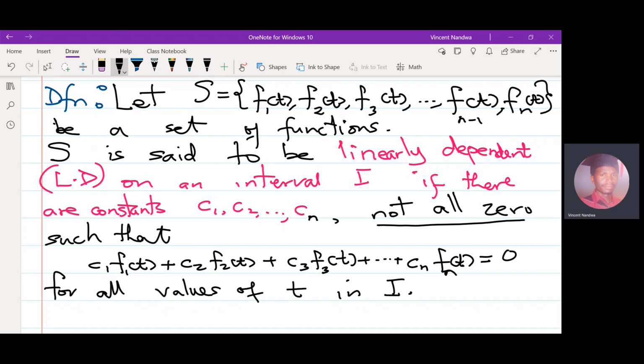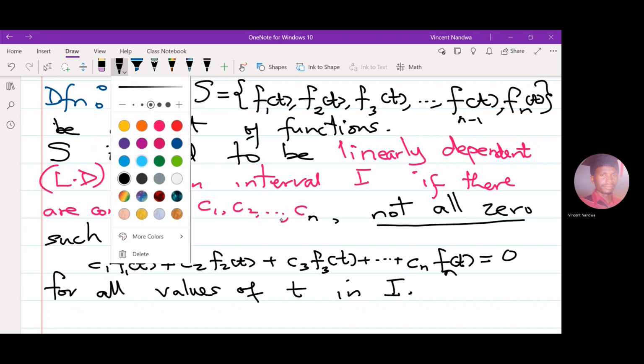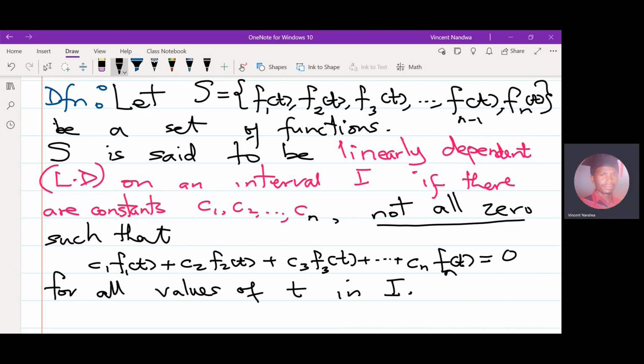So that's the condition for linear dependence. Now linear independence. What is the opposite of saying not all zero? Yes, all of them should be zeros.